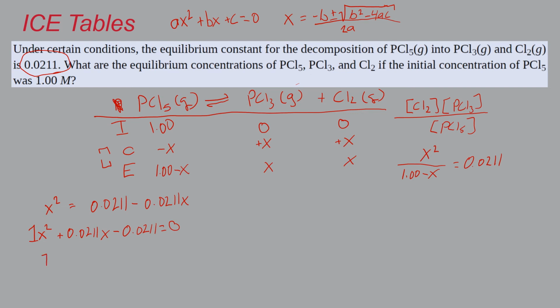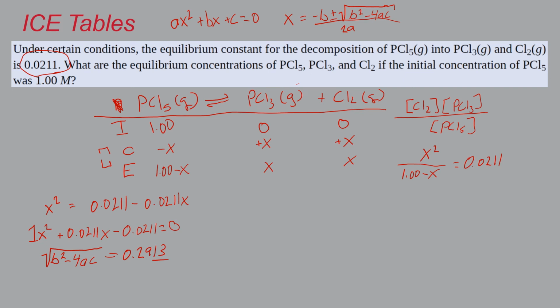The quantity b squared minus 4ac in this case is equal to 0.291, and I'm keeping an extra digit in there to minimize the rounding error.